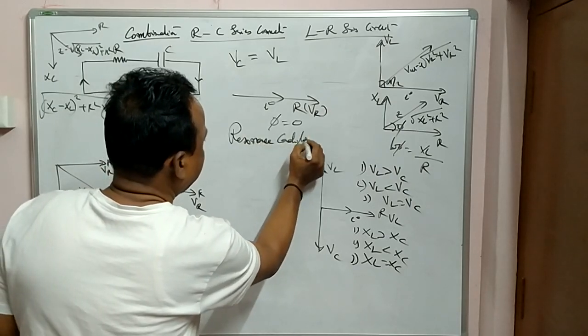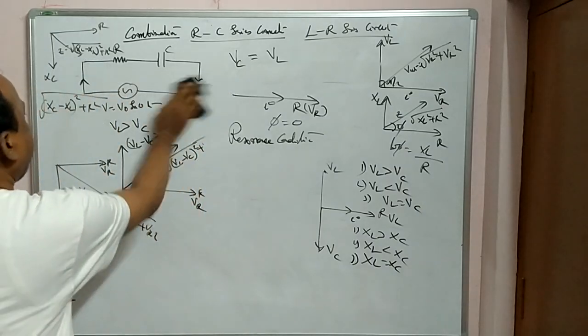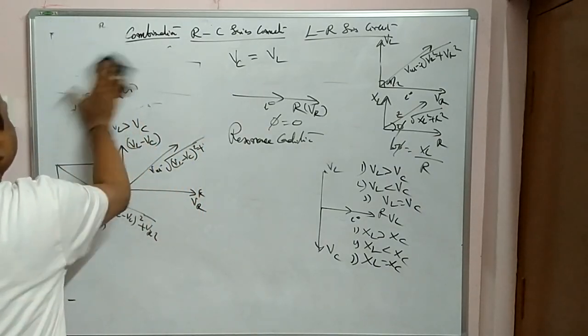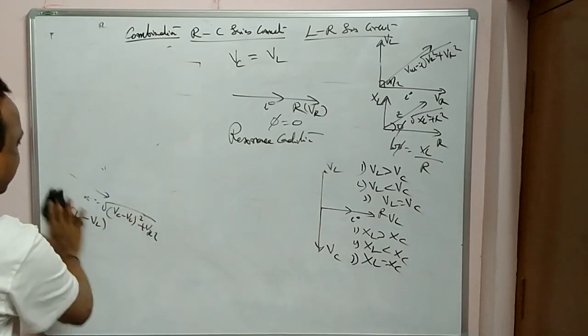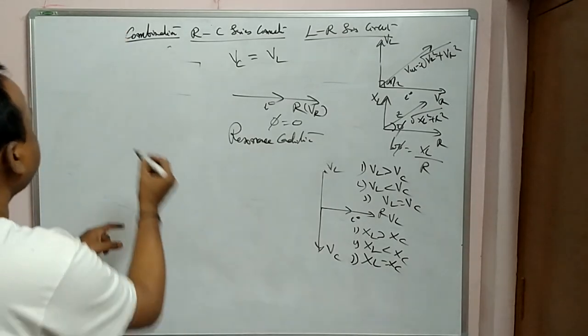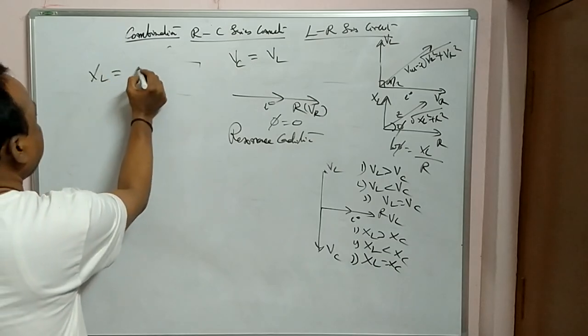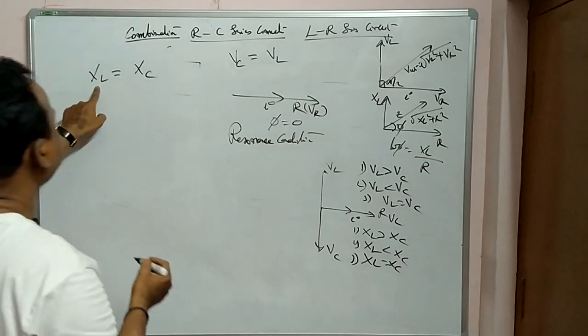This condition is called the resonance condition. In the same way you can apply it for the inductive reactance and capacitive reactance. See, the same thing applies for the third condition for XL and XC. XL, that is inductive reactance, is equal to capacitive reactance, which is the resonance condition.